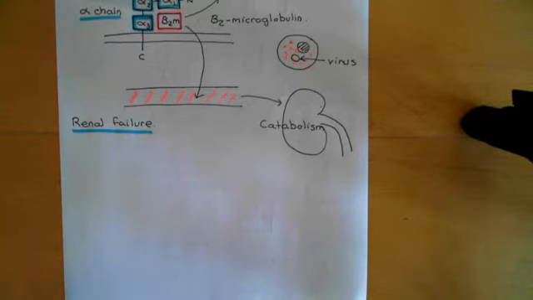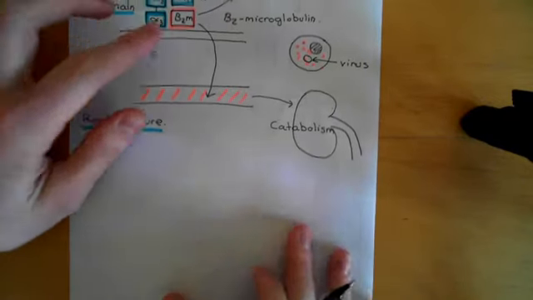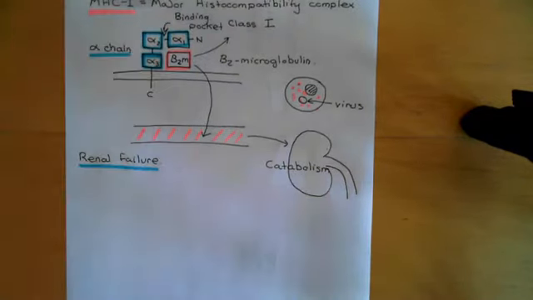Beta-2 microglobulin turns out to be a fantastic protein as far as not forming amyloid fibrils is concerned. You can take this protein and put it in massive concentrations in test tubes, and it does not form amyloid fibrils. It is a very well-designed protein that does not form amyloid fibrils, even in enormous concentrations.